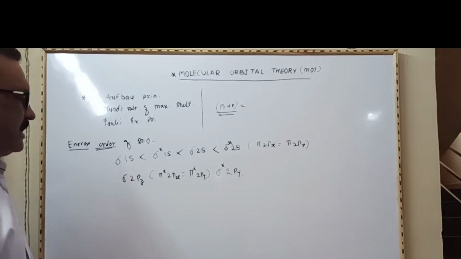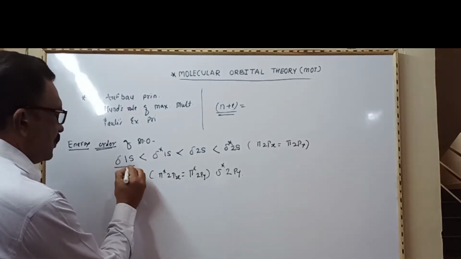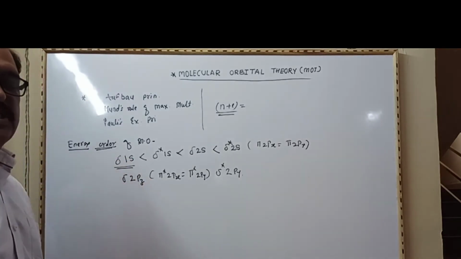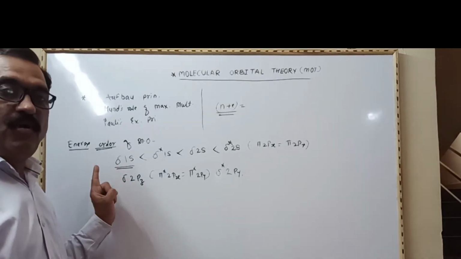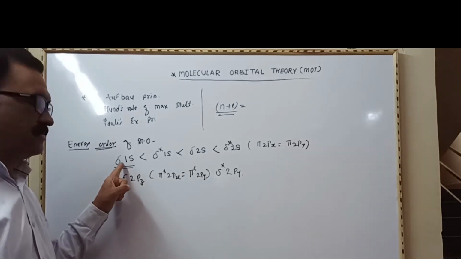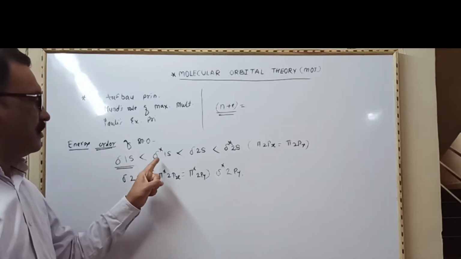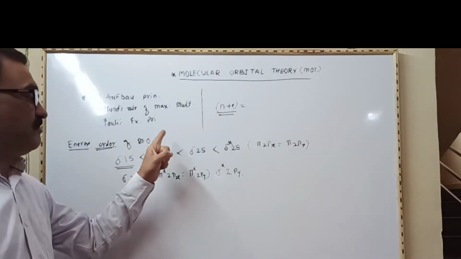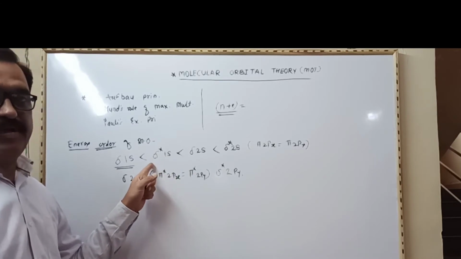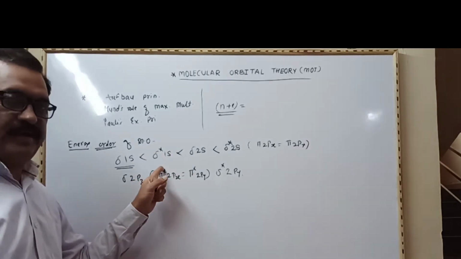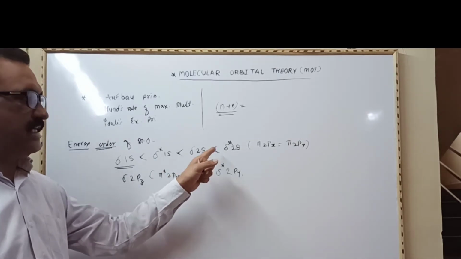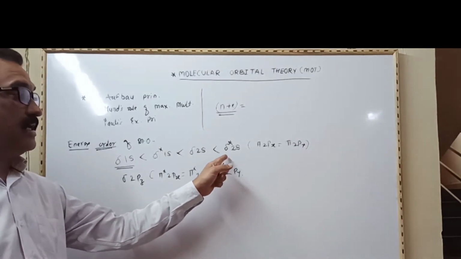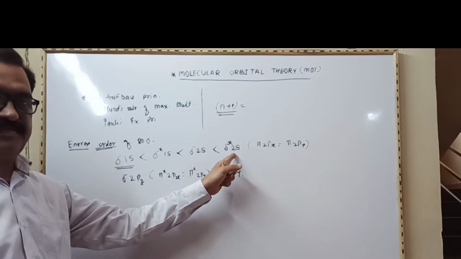The lowest energy molecular orbital is sigma 1s. Sigma means a bonding molecular orbital. Then sigma star 1s is an anti-bonding molecular orbital. Sigma 2s is less than sigma star 2s.